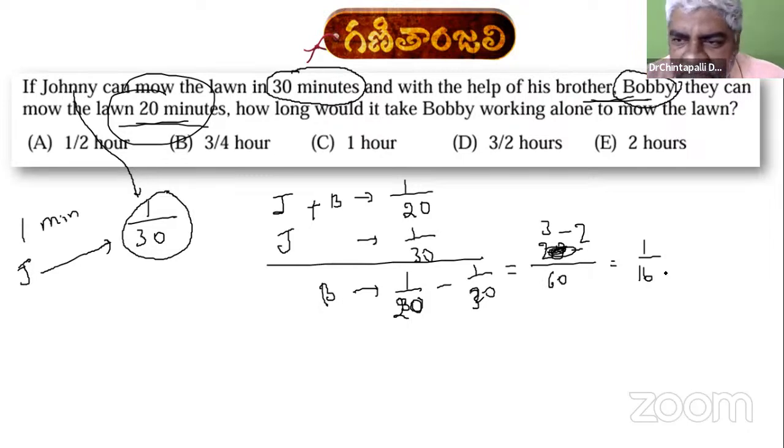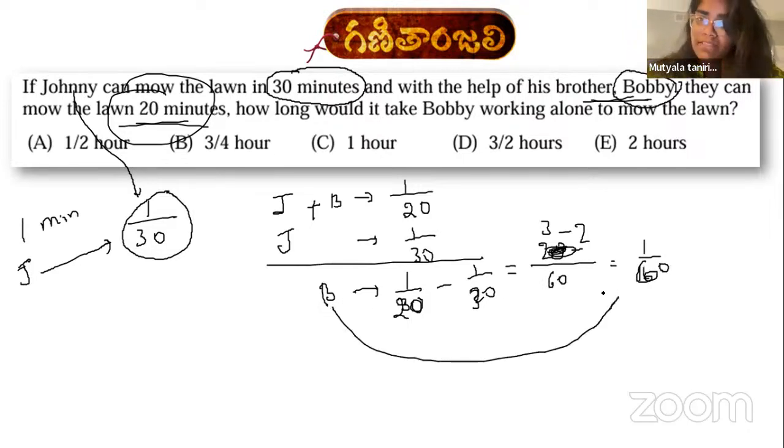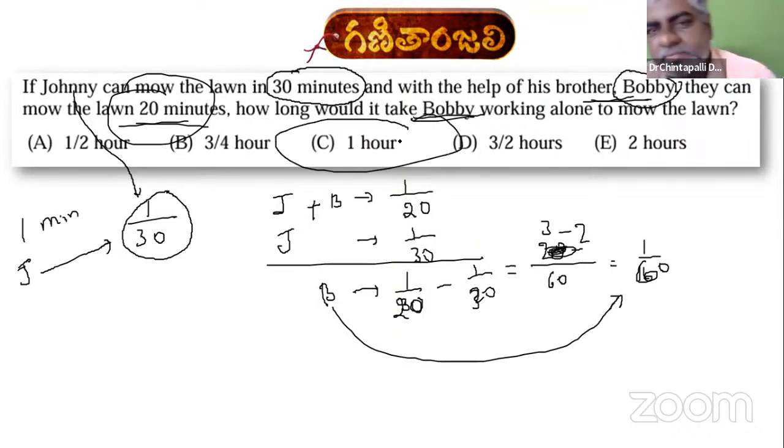Which means Bobby needs 60 minutes to complete the work. So it's 1 hour, sir. Exactly 1 hour, right? That's correct.